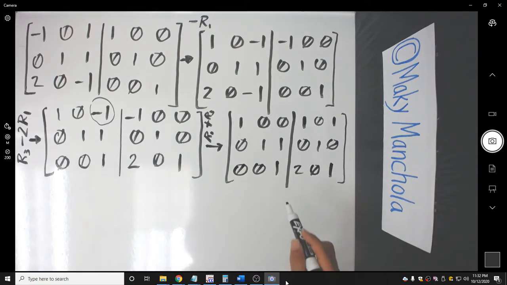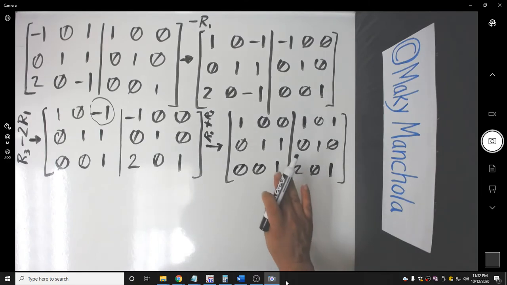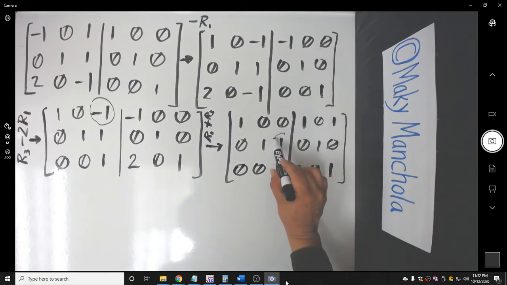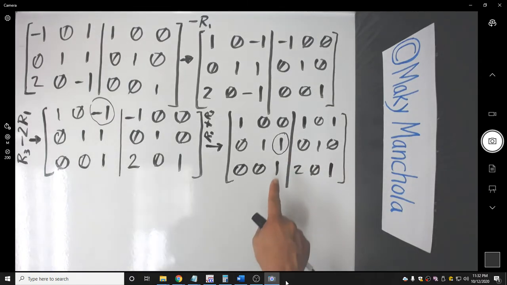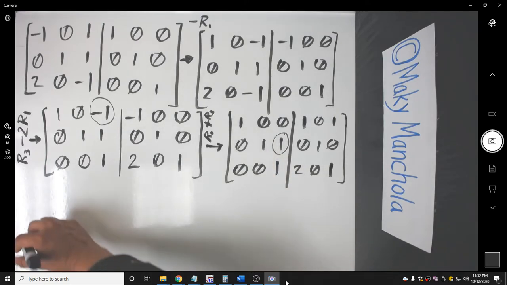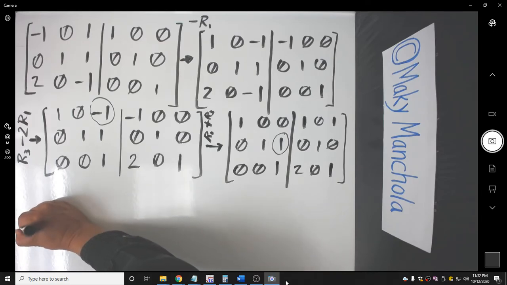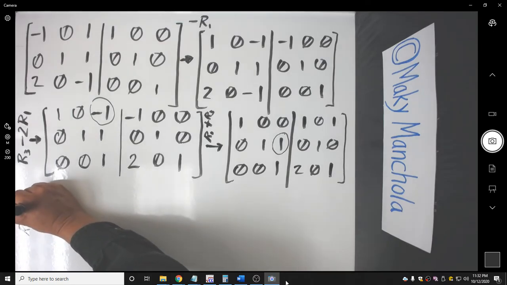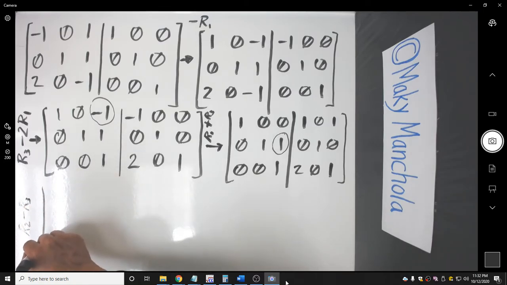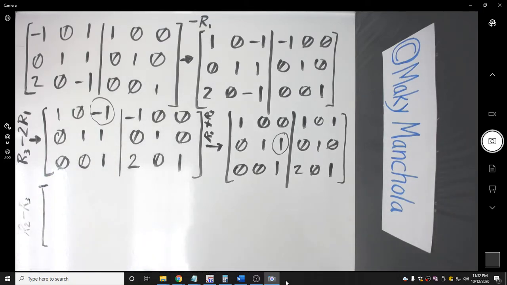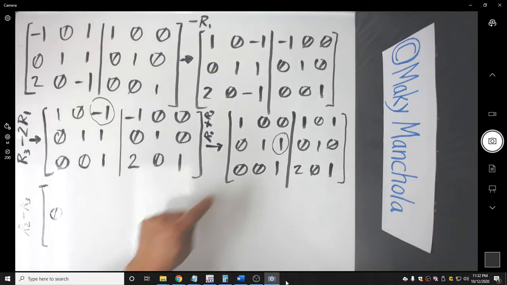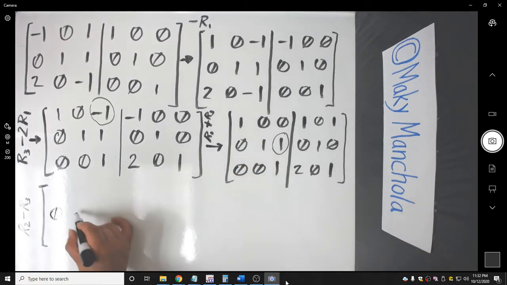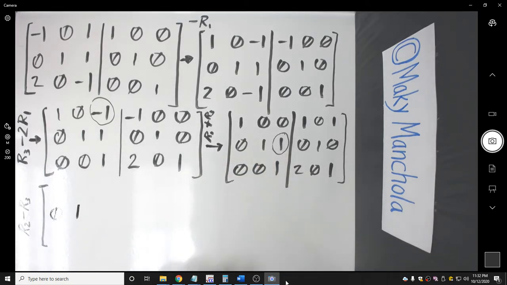Okay, now we have to eliminate the other non-zero entry that remains to be eliminated, which is the 1. So in this case, I'm going to have to take row 2 minus row 3 to replace row 2. So 0 minus 0 is 0. 1 minus 0 is 1. 1 minus 1 is 0.